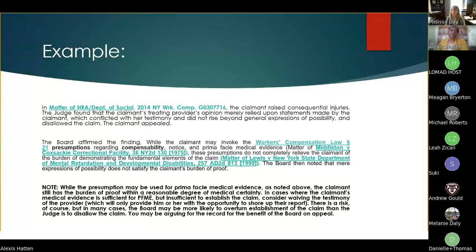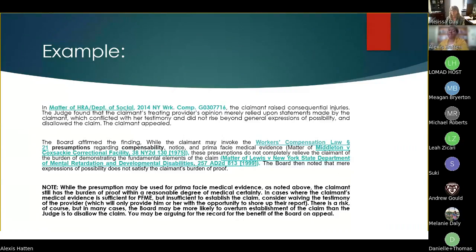In cases where the medical evidence is sufficient for PFME, but insufficient to establish the claim, you should consider waiving the testimony of the treating provider, which will only provide them with the basis to shore up their report. So it's risky, of course. You should discuss with your counsel the risk involved there and decide if you want to take that.